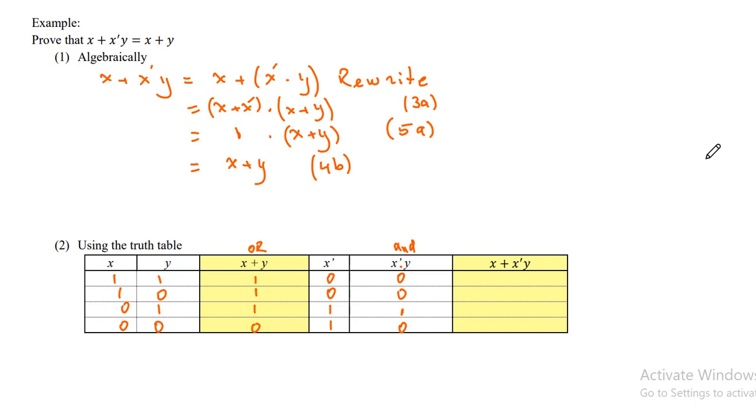And now, if you look at the last two columns, how you get to this x plus x naught y, it's going to be 1, 1, 1, 0. So as you see, for the same input, we get the same output. So they are the same.